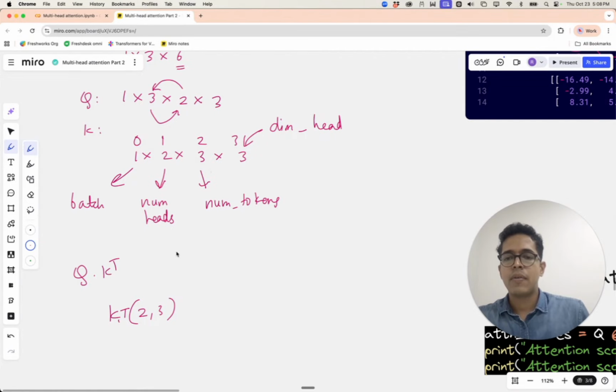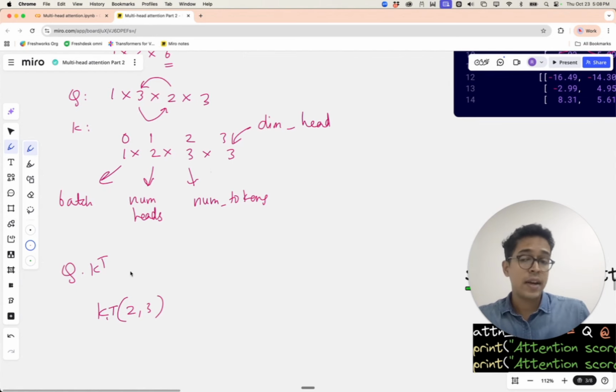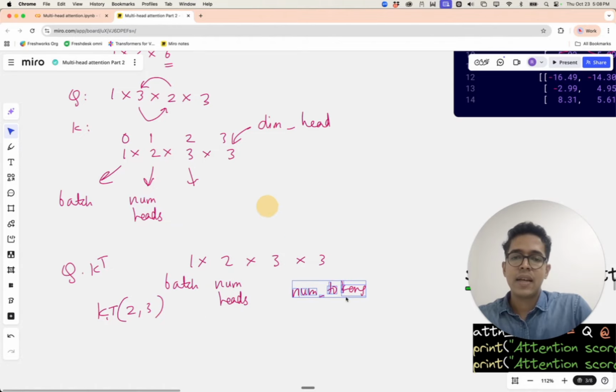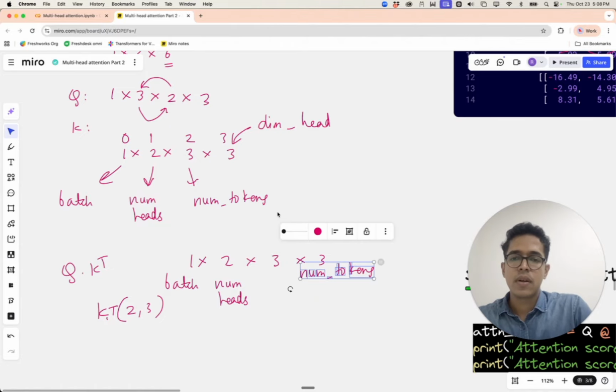So after transposing key, it would be 1 by 2 by 3 by 3 only, but this 1 will be batch. So these two will remain the same. And we said batch and number of heads we don't have to touch because there could have been just no batching. There could have been just 1 head. But the last item will be number of tokens. Second last item will be dimensionality of each head.